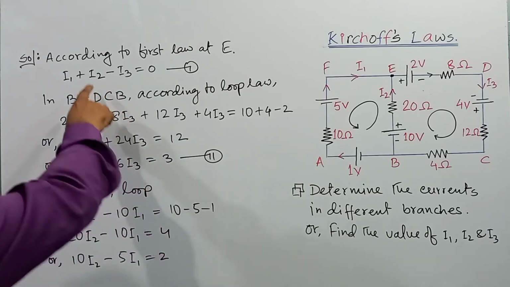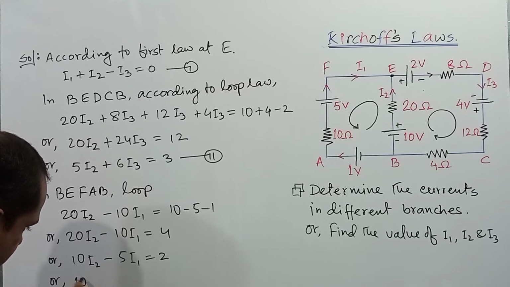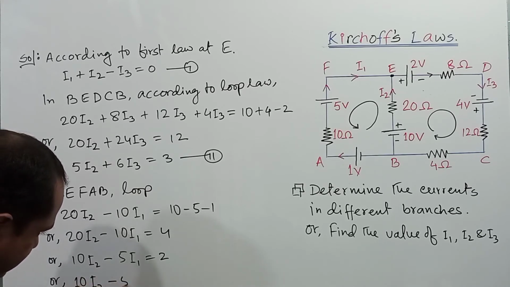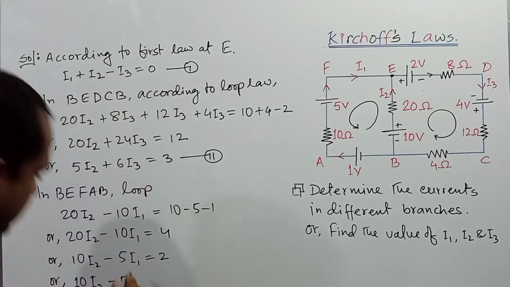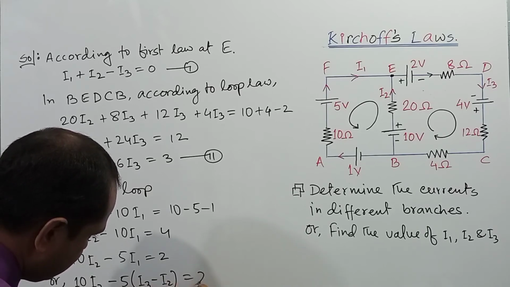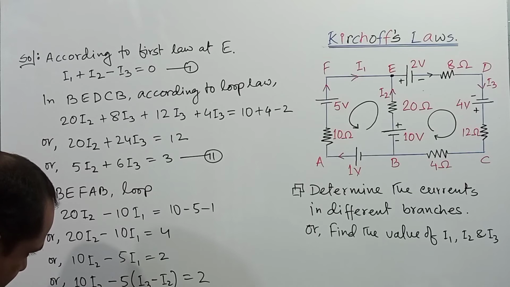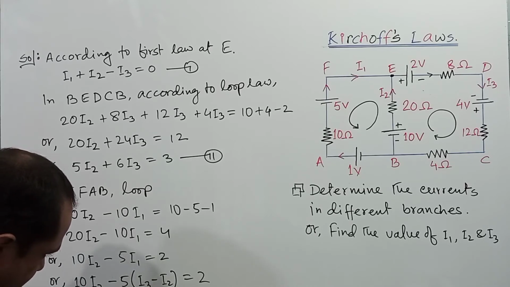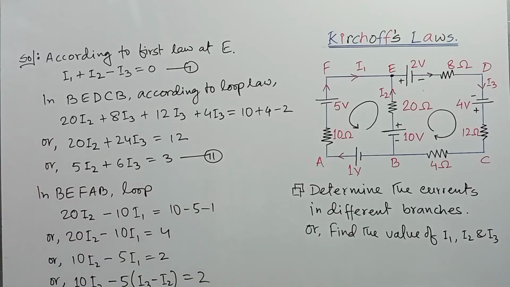The value of I1 will be I3 minus I2, so 10 I2 minus 5 times (I3 minus I2) is equal to 2, and after the calculation you will get 10 I2 minus 5 I3 plus 5 I2 is equal to 2.